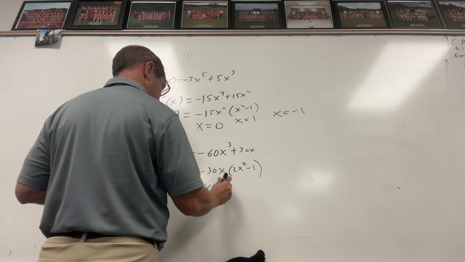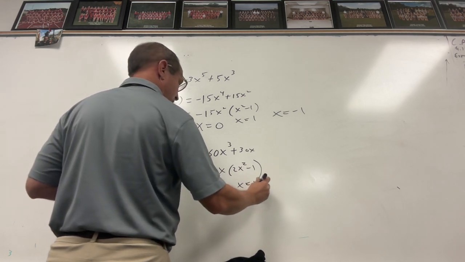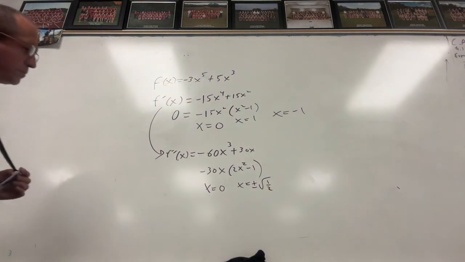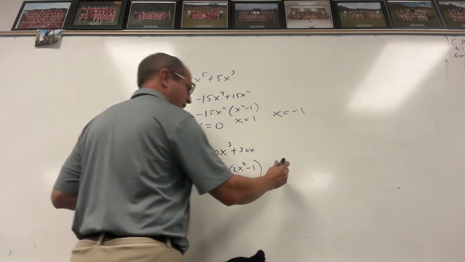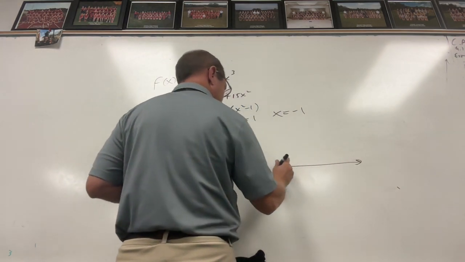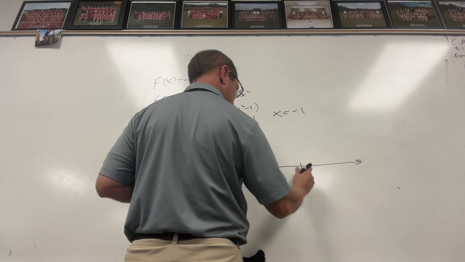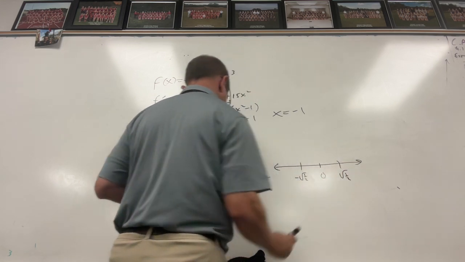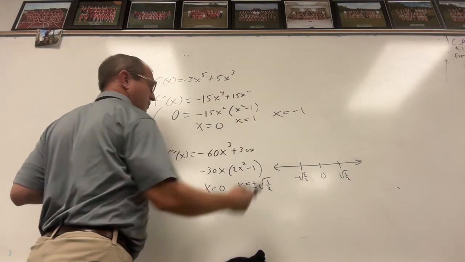So x equals 0, x equals plus or minus the square root of 1/2. Now I didn't really have to do that. Because all I really have to do is take the second derivative and plug these numbers in.